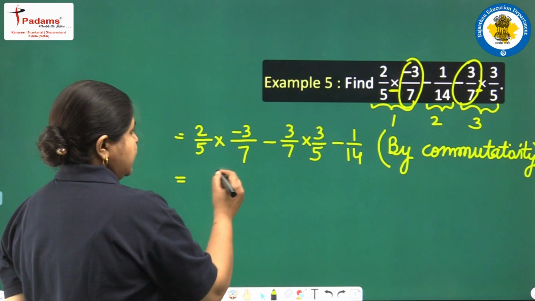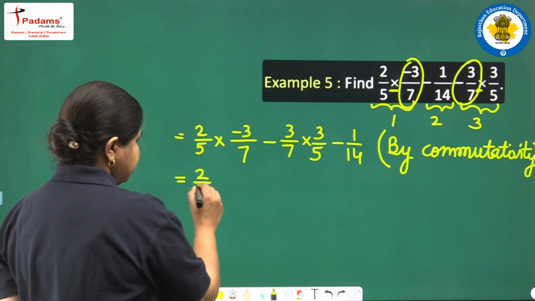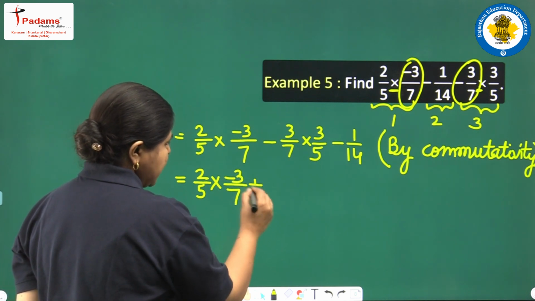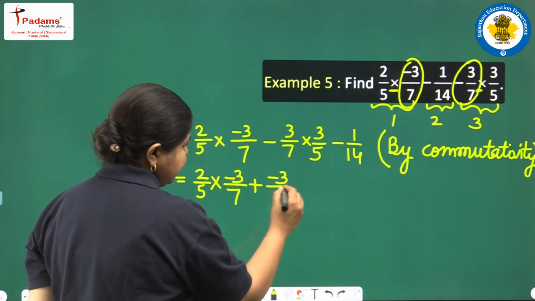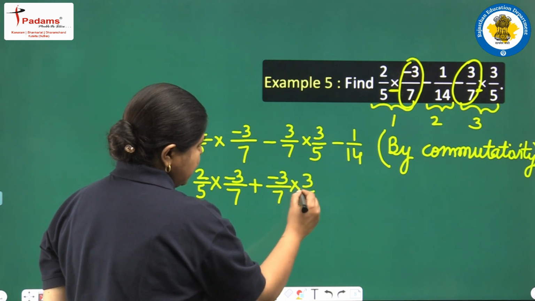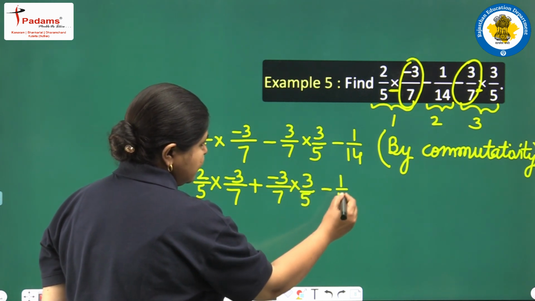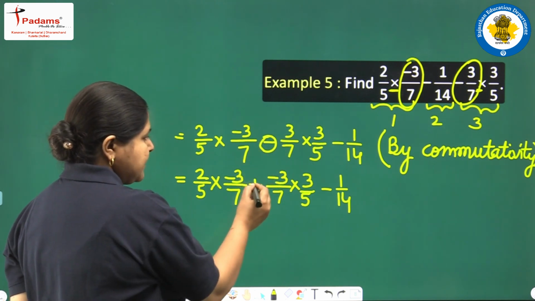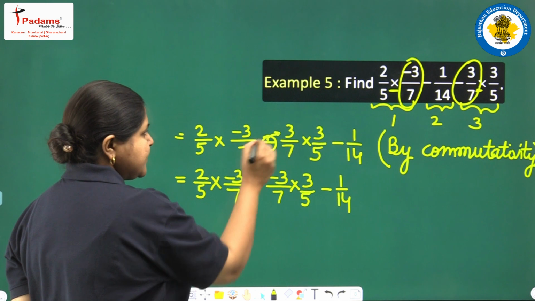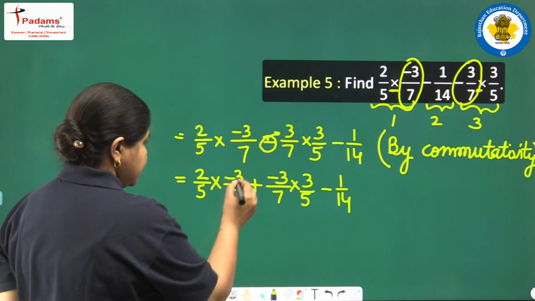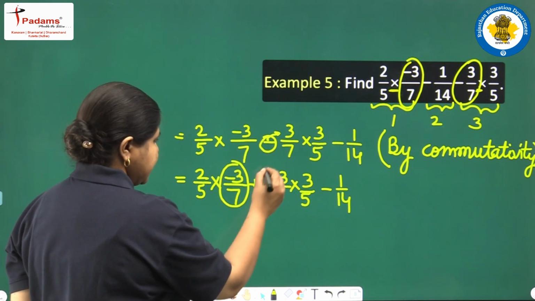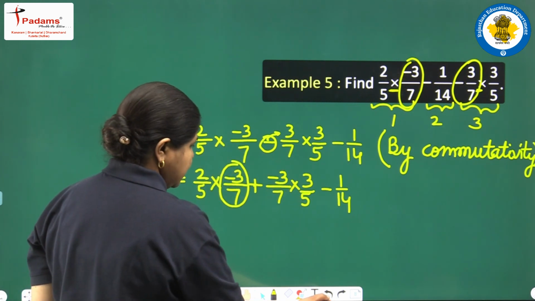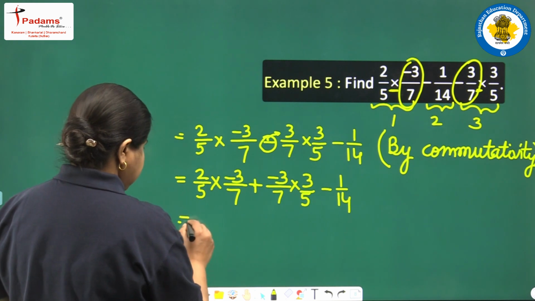Now, to make it much simpler, we can write it in this way: minus 3 by 7 into 2 by 5 plus minus 3 by 7 into 3 by 5 minus 1 by 14. What we have done here is, we have written plus here and sent this minus to 3. Now it is easily observed that minus 3 by 7 is common in both the terms. Let us just take it outside.